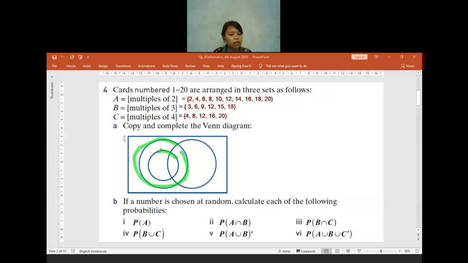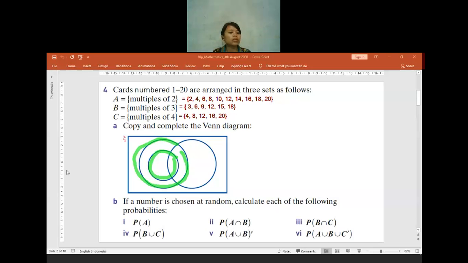If we have this type of two circles, it means there will be another set whose members are exactly the same as the bigger one, but only some are different.